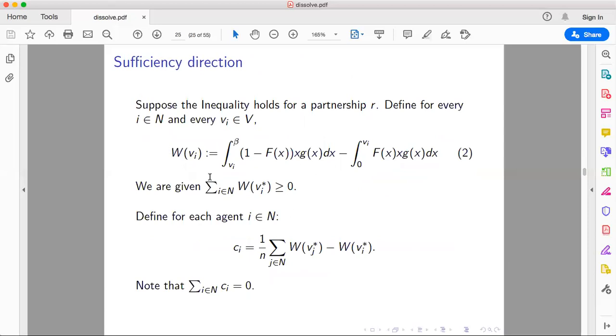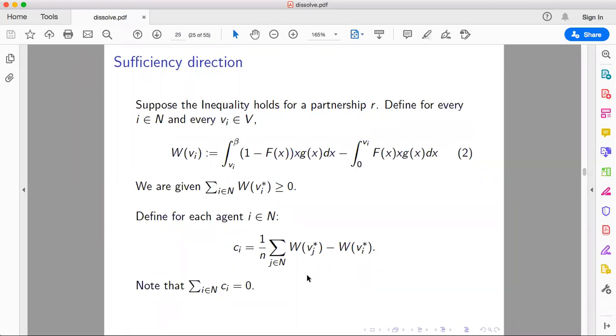Using this, I'm going to define another term, which is ci. You can think of it as, before entering the mechanism, the amount that the designer will give to everyone. The ci term will be positive for some people and negative for some people.